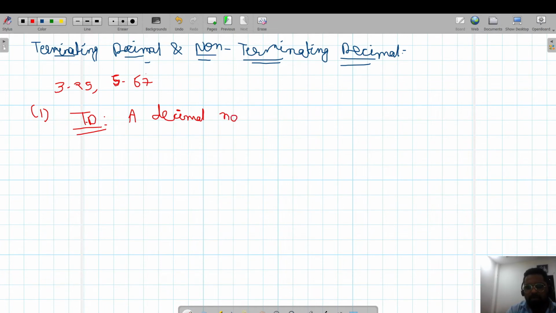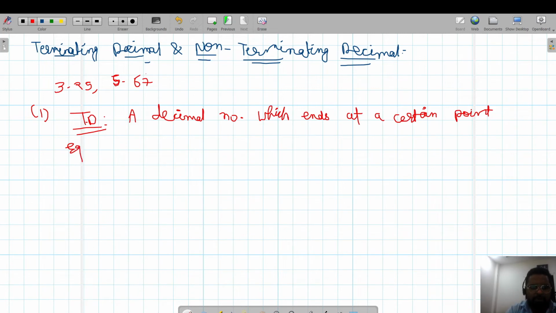A decimal number which ends at a certain point is known as a terminating decimal.